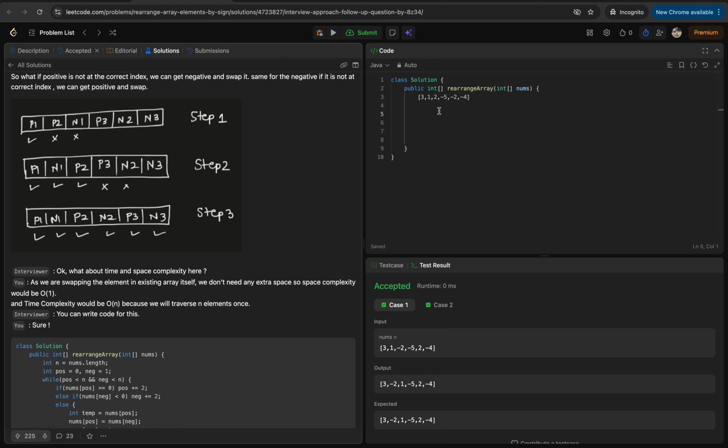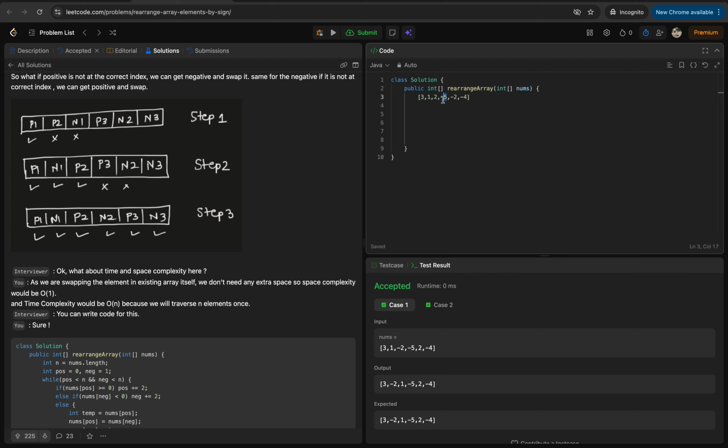Okay, so like this. Whenever we have a positive, we'll start iterating, and we'll see only on the positive indexes we want the positive, right? At the odd indexes we want the negative. So we check the first odd index, it's positive, so we'll keep track of it.